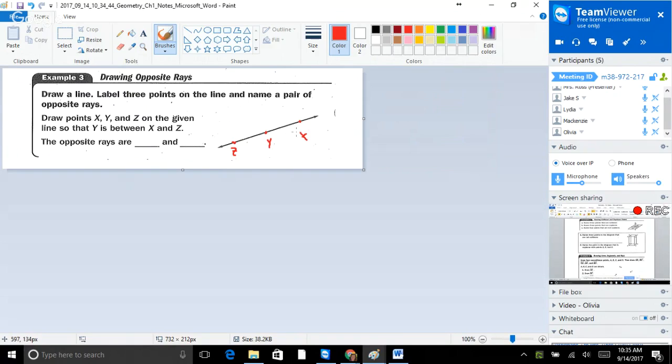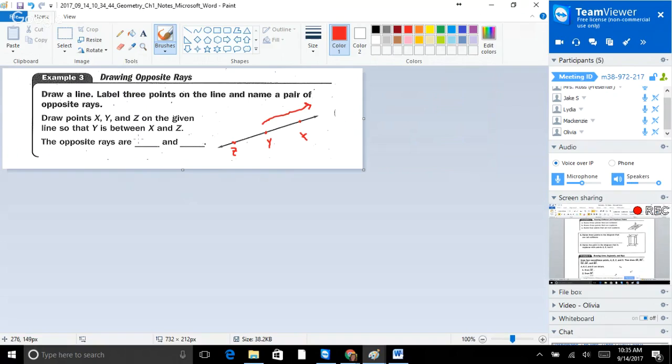So we have a line. There's 3 points on the line. We've got Y is between X and Z. So this is considered a line. And we want to talk about some opposite rays. So what are our two opposite rays? We have one ray that starts at Y and goes past X and on out.